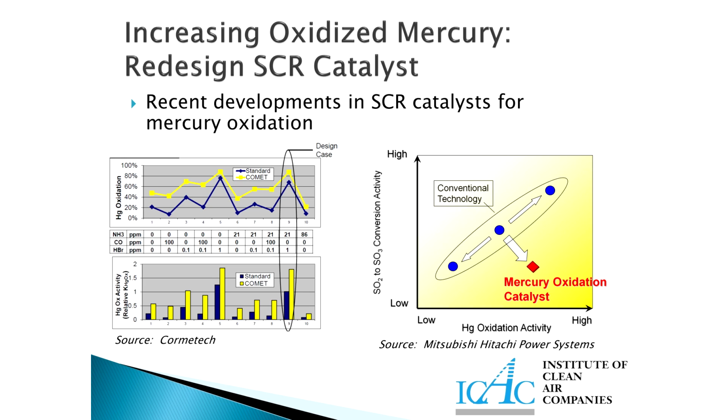So as with anything in our industry, when there's a need that comes up, a lot of smart people can start looking at it and try to figure out how to fix that. So if you're going to use an SCR catalyst, which is not a mercury oxidation catalyst, it's a NOx catalyst, for mercury oxidation, then paying some attention to its operation and how well it oxidizes mercury is very critical.